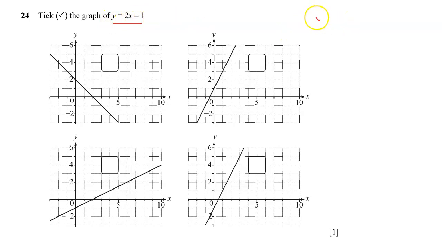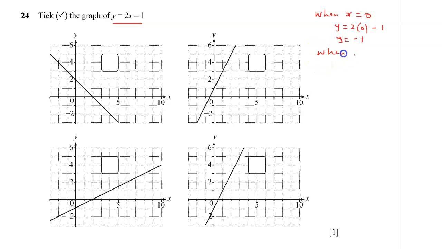You can see all these graphs are cutting both the y and x-axis, so it's easier to say, when x is equal to 0, y is equal to 2 times 0 minus 1, which will give us 2 times 0 is 0, so y is minus 1.